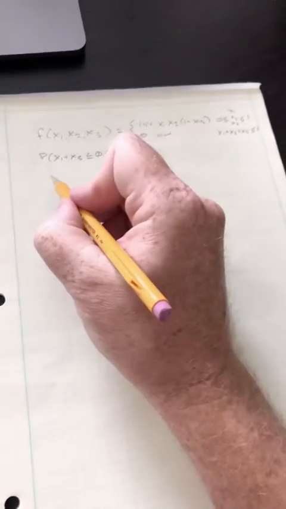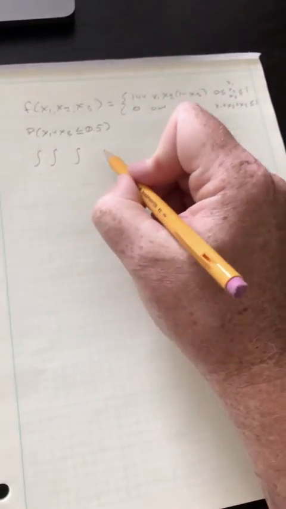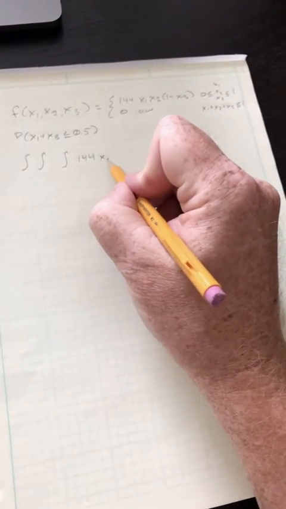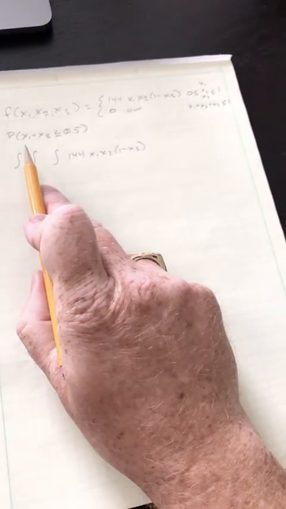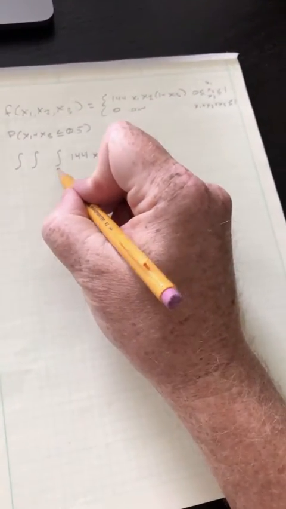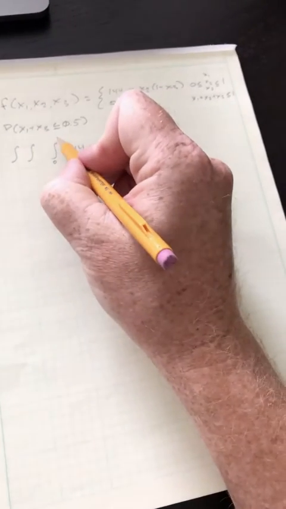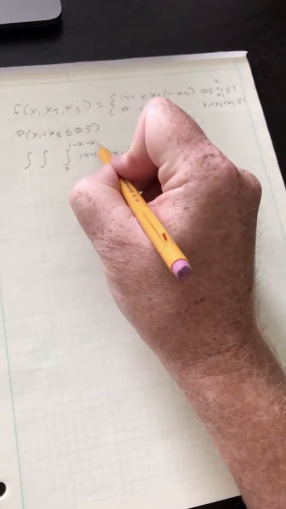Now the way we're going to set that up is with a triple integral over the density function here, 144 x1 x2 (1 minus x3). Because I'm looking to see what the probability of x1 and x3 are, the first thing that I'm going to integrate out is dx2, which I don't need, and that will be 1 minus x1 minus x3.